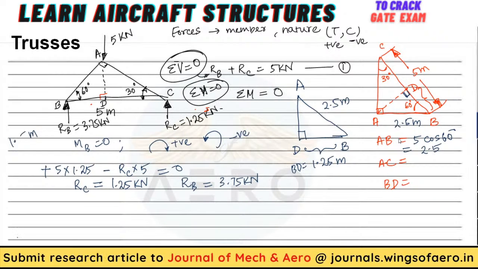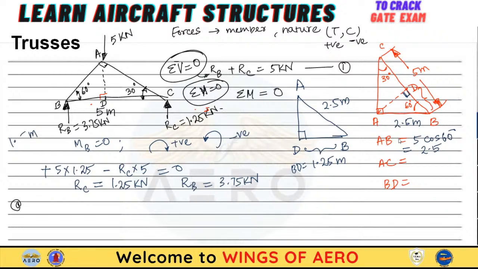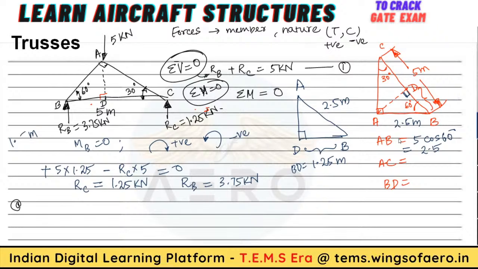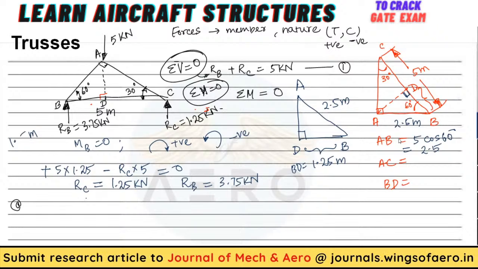Right? Now take the joints at any one of the points where the number of unknowns is very less. Now if I look here, we have three joints. Whether I look at B, A or C, it's going to be the same. Any one of the points, it's going to be the same. So I can take any one of the points. So let me consider the point B itself, the joint B.